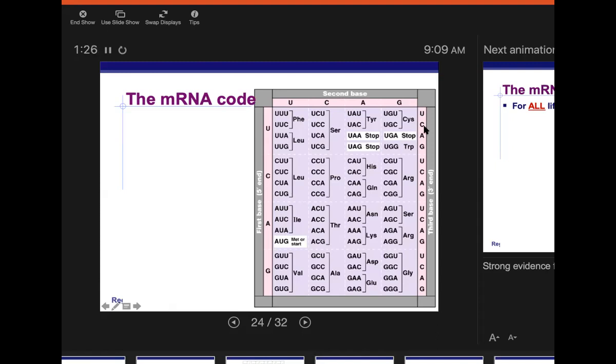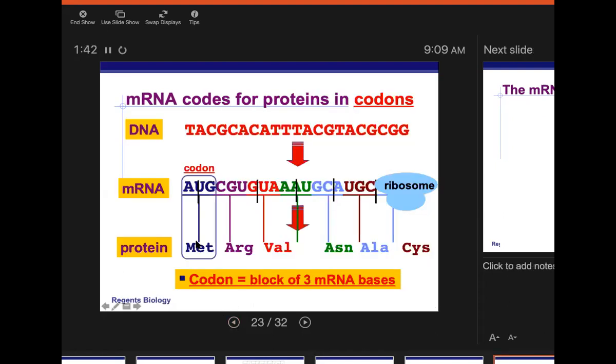And then the third base is on this side. So AU and then G. AUG is MET, or the start codon. Now, if I go back to my example, there it is, MET.